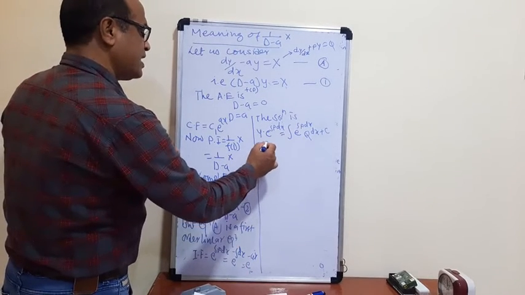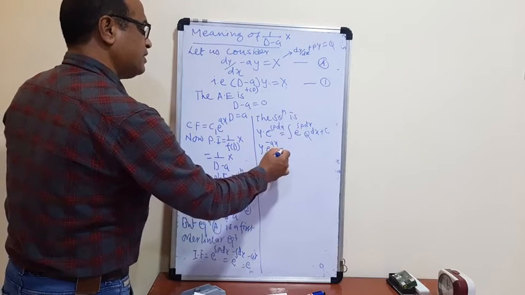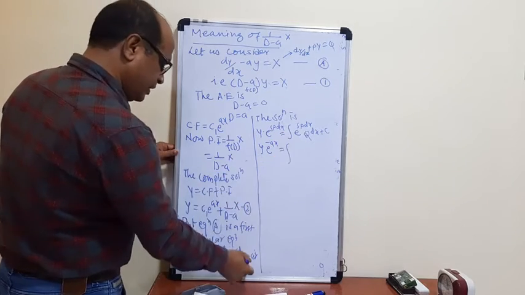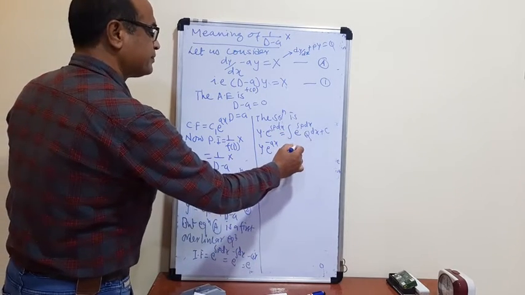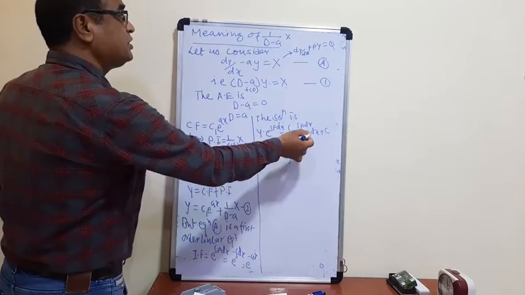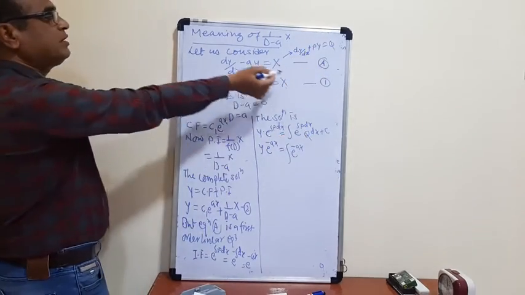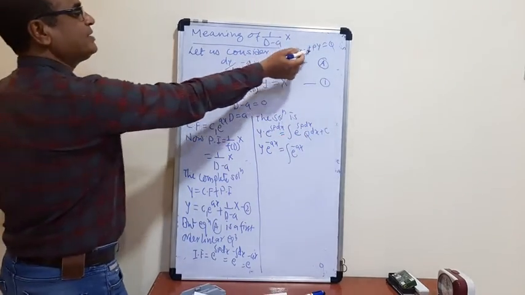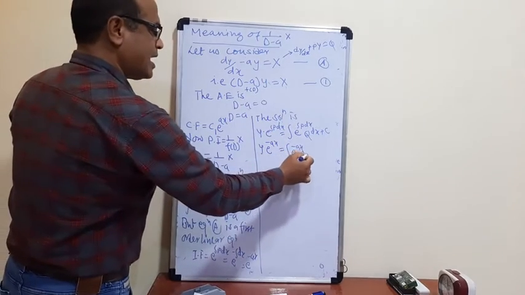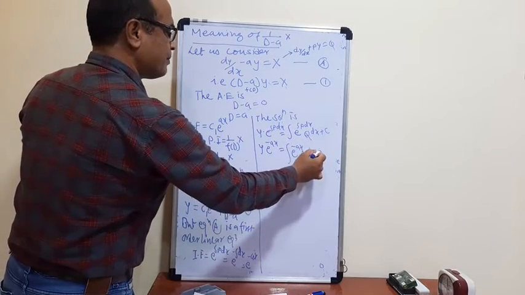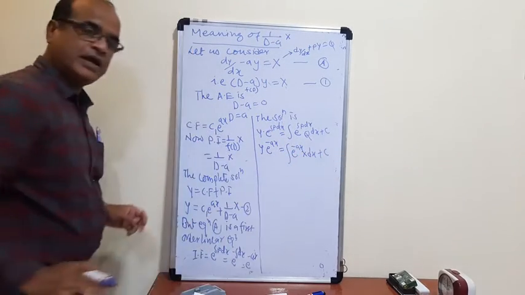So y e raised to minus ax is equal to, again the integrating factor e raised to minus ax, and Q is x. P is minus a, Q is x. x dx plus C. Okay?